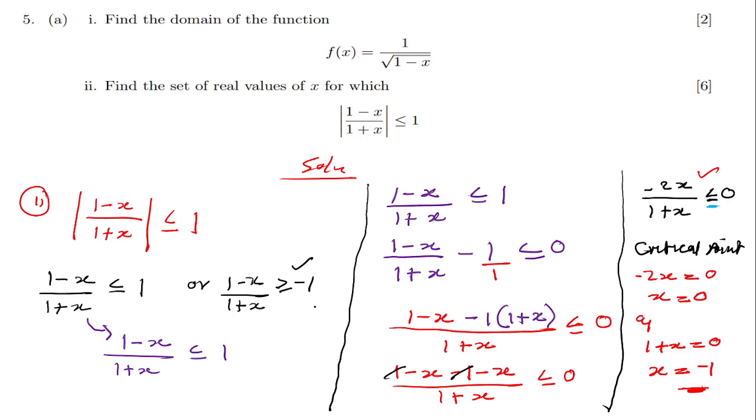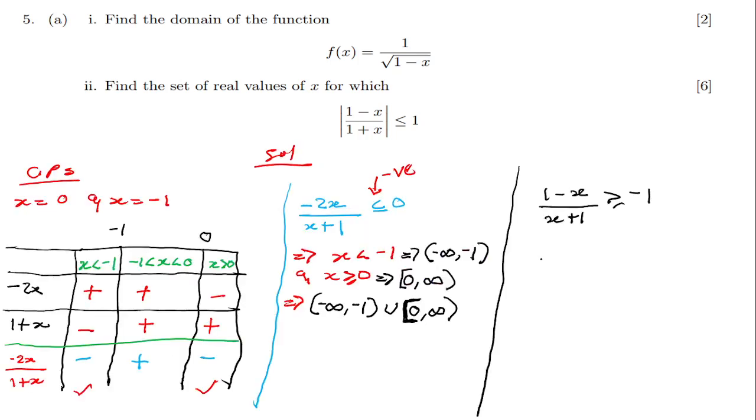Once we have that information, we can simply solve it in an easy way, whereby we take this to the other side, so it's going to be (1 minus x) over (x plus 1), then plus 1 is greater than or equal to 0.